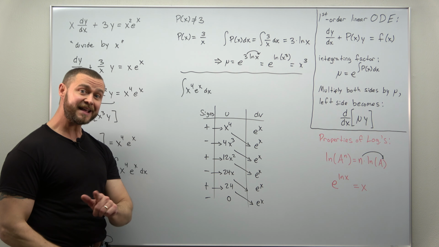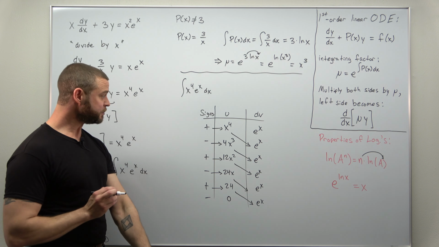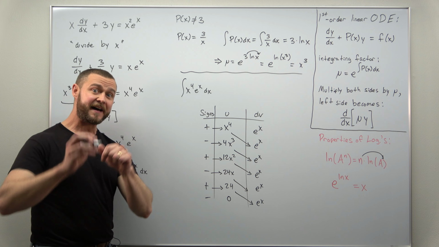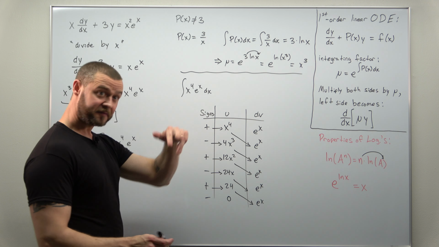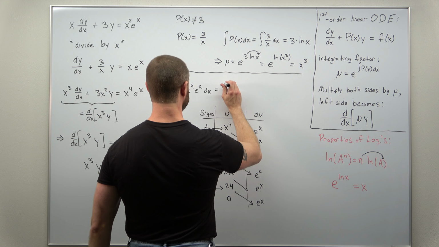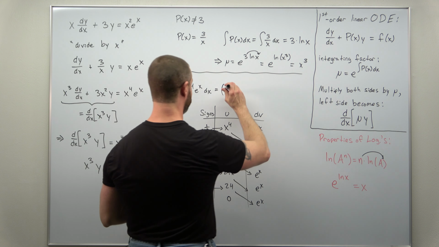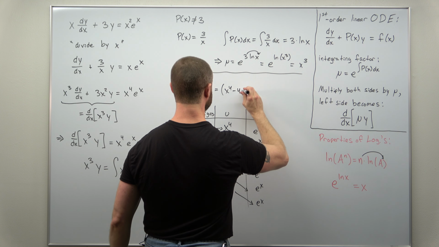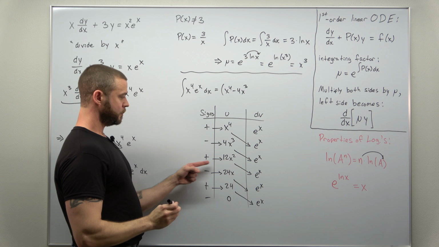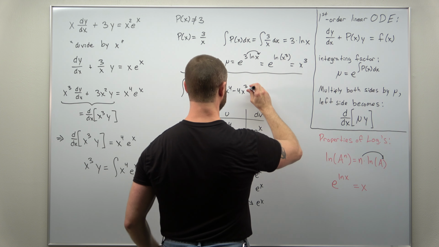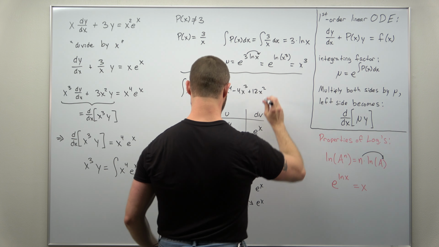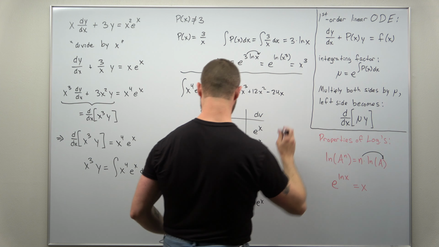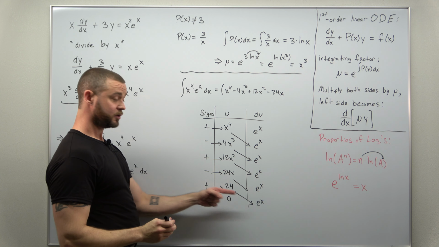All right, and we can go ahead and write down our antiderivative and simplify it. Notice all the diagonal products contain factors of e to the x, so we can just factor that out and write our antiderivative here as positive x to the fourth minus 4x cubed plus 12x squared minus 24x and then plus 24.